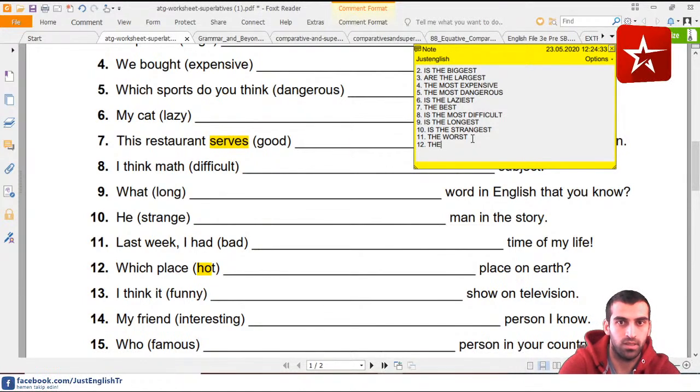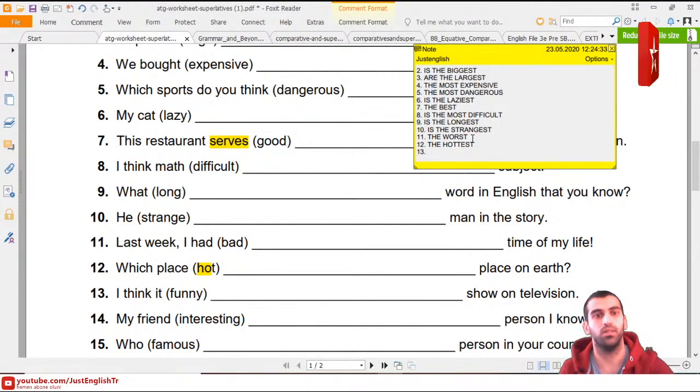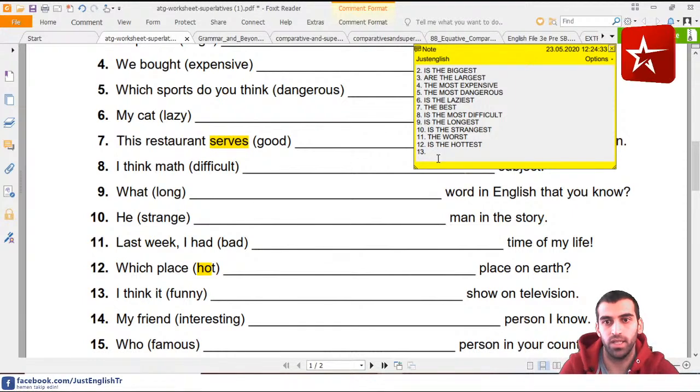Yes, the hottest. Which place is the hottest place on Earth?